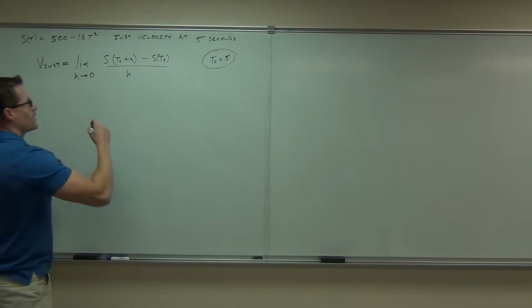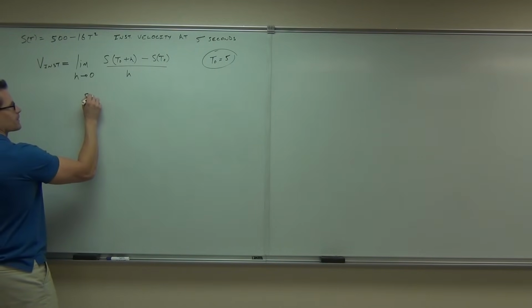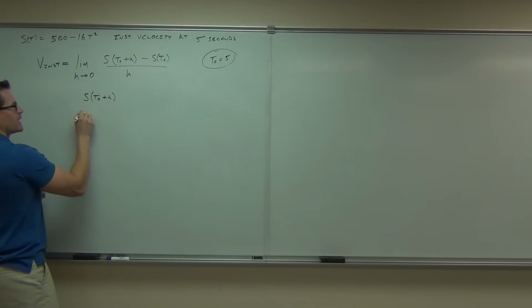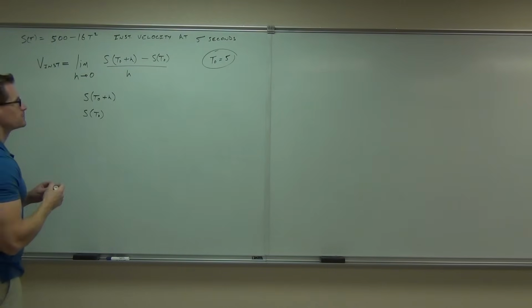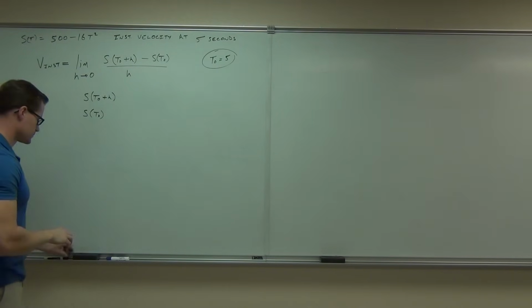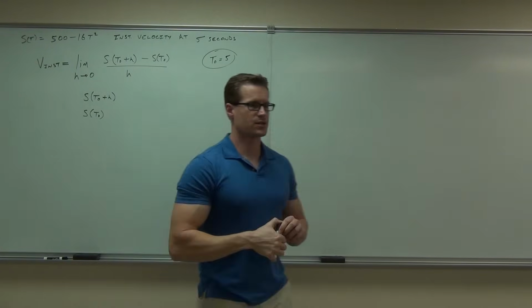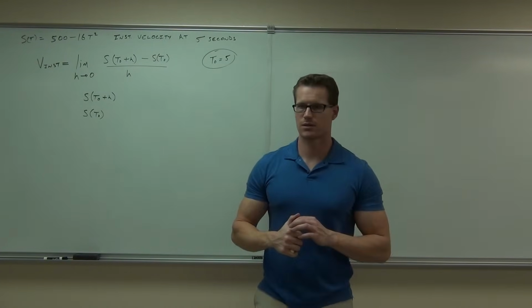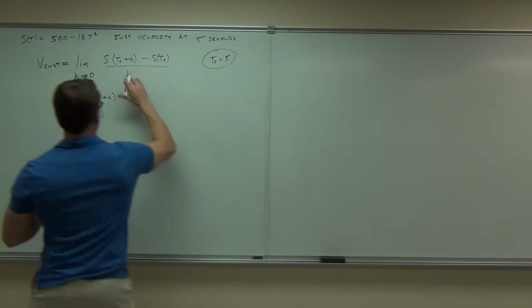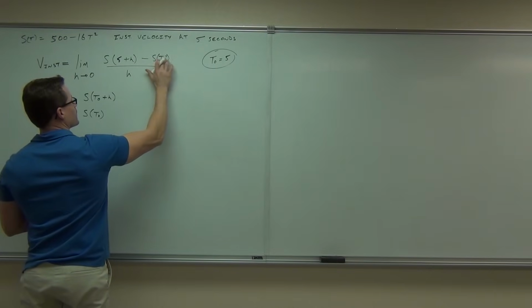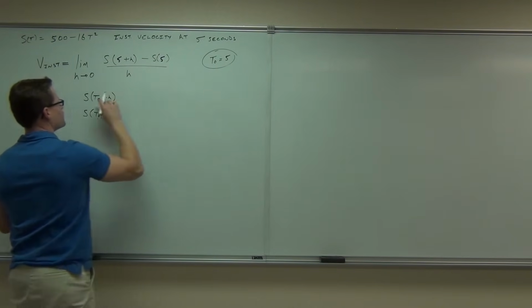So what we want to find out is S of t sub 0 plus h. We need to know that, and we need S of t sub 0. Now, in our case, how much is t sub 0? 5. So this now is 5, and this is 5.